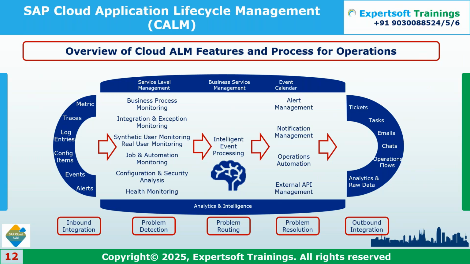We also have external API management, where you can integrate external monitoring tools like Dynatrace, and if you have any automated alert management to MS Teams, that can also be done via external API management. So these are the features that Cloud ALM offers for the operations part.